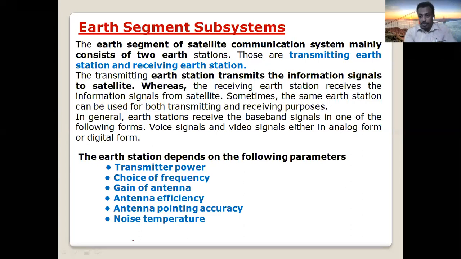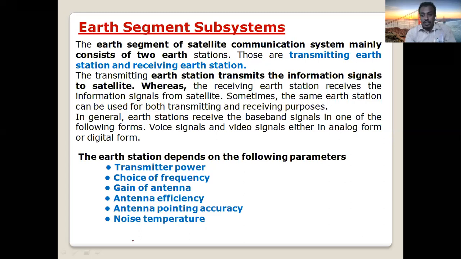Is it used for fixed satellite service, for mobile satellite service, or for broadcast satellite service? The location and the service determine the type and configuration of the Earth station. That's one important factor, location.